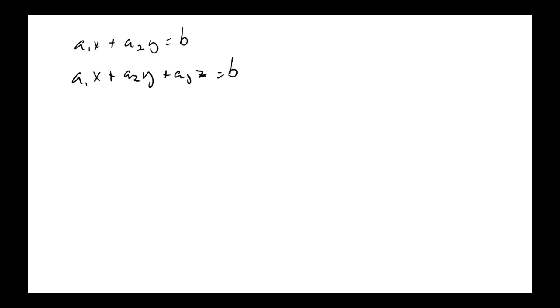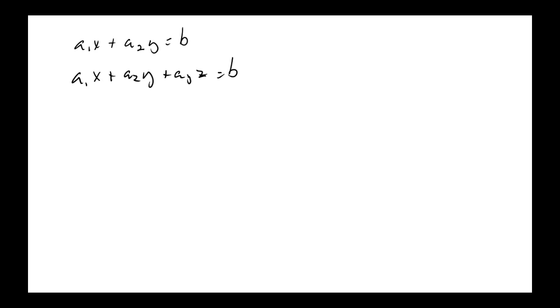All that matters is the exponents for the variables have to be 1. Now, what if that b was a perfect square? Does that keep it from being a linear equation? No, because it's just a constant. It just happens to be a perfect square constant. Doesn't matter. That would be 3 variables, x, y, and z.